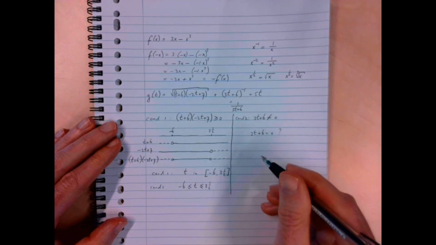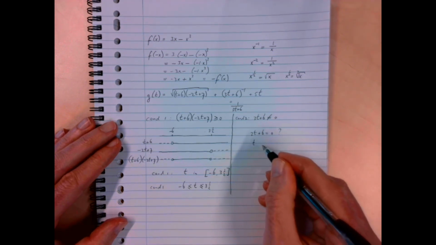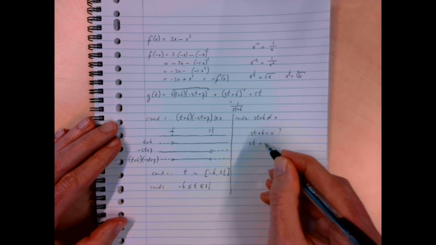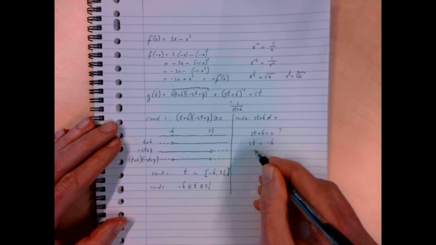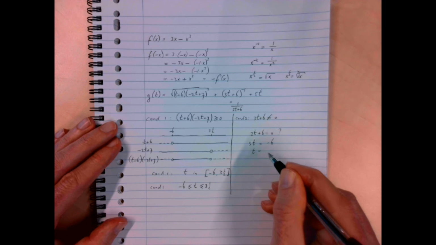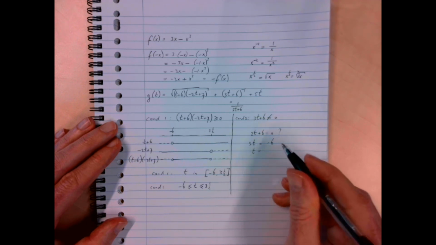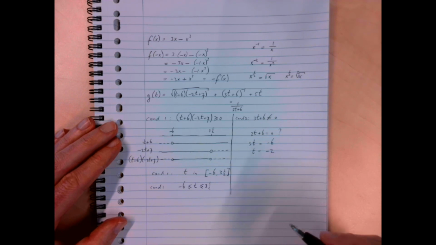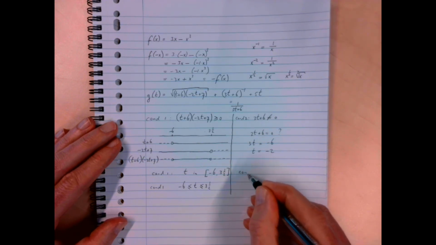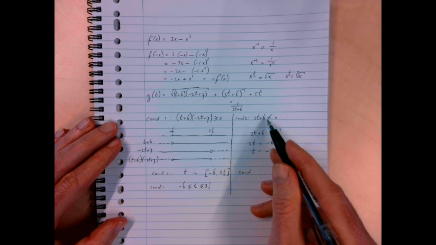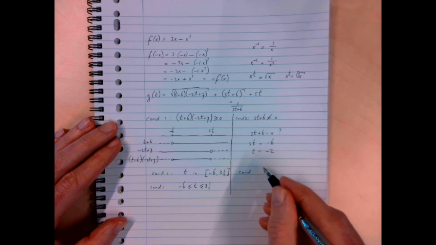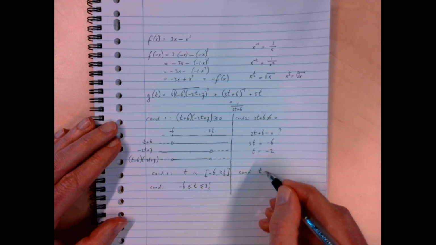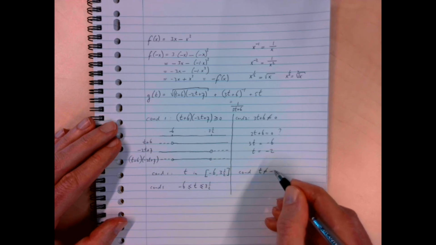Of course, this is easily solved: 3t equals minus 6, or t equals minus 6 divided by 3, which is minus 2. So condition 2 is that we don't want this thing to be 0, so we don't allow t to be equal to minus 2.